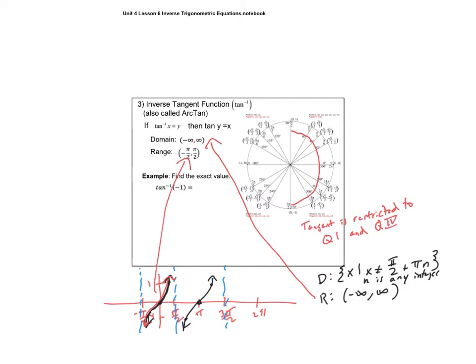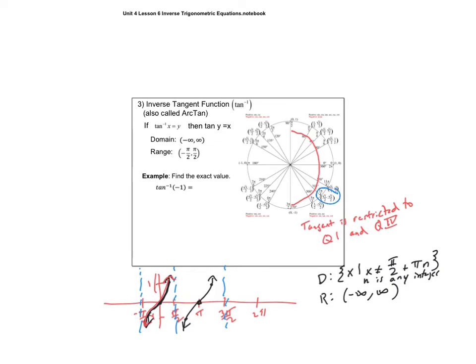So then let's come down here and look at the inverse tangent of -1. Looking at that value, we've got two places where that occurs on the unit circle. We've got negative square root of 2 over 2 divided by square root of 2 over 2 will give us -1.